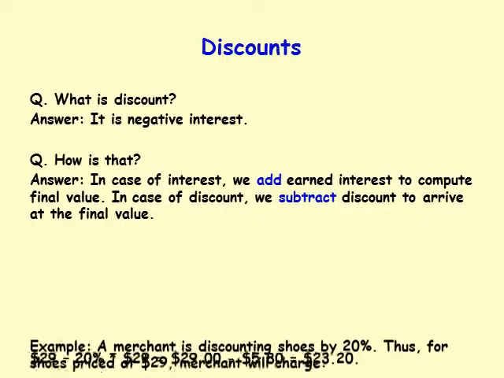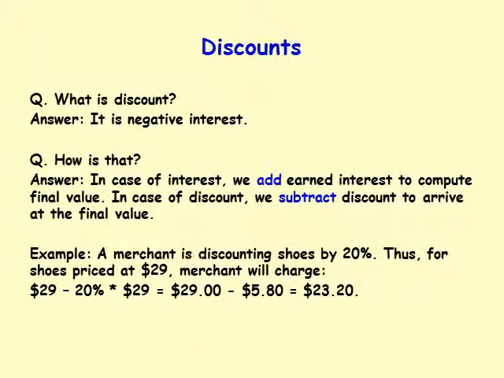Okay, let us continue here. A merchant is discounting his shoes by 20%. Thus, for a shoe priced at $29, how much will the merchant charge you? So first of all, he would compute 20% of $29. 10% is $2.90, and 20% must be $5.80.